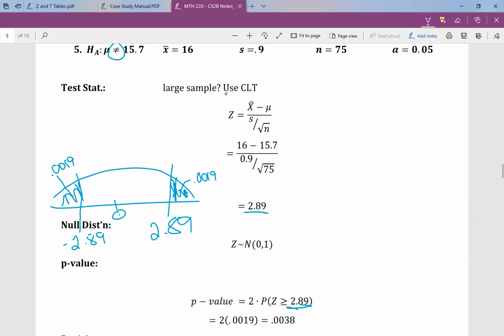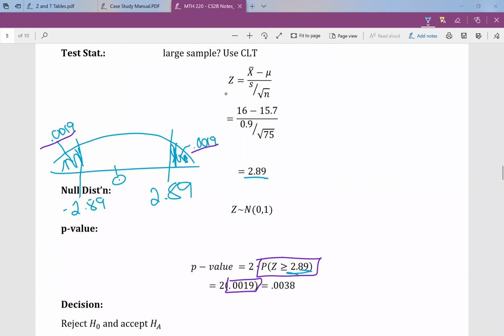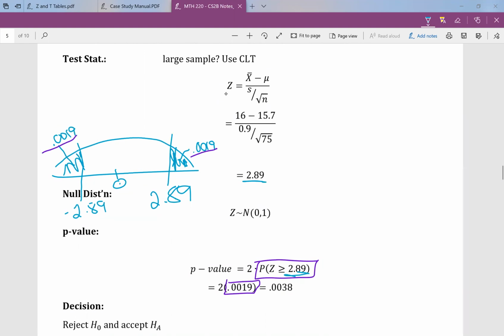So 0.0019 is just one tail. When we double it, we get 0.0038. And we're comparing 0.0038 to our alpha of 0.05, and we get a decision of reject H0 and accept HA. P-value's low, we need to reject H0.